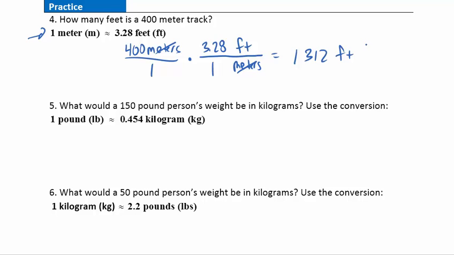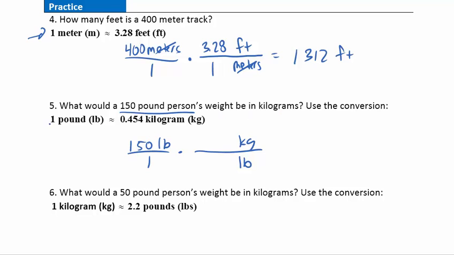Practice question 5. What would a 150-pound person's weight be in kilograms? We've got a 150-pound person, so we'll write that as a fraction, 150 pounds over 1. We want to divide the pounds out and introduce kilograms.